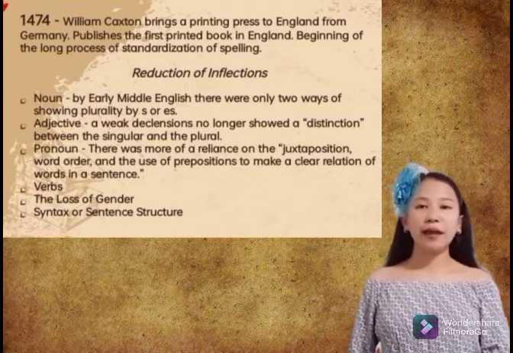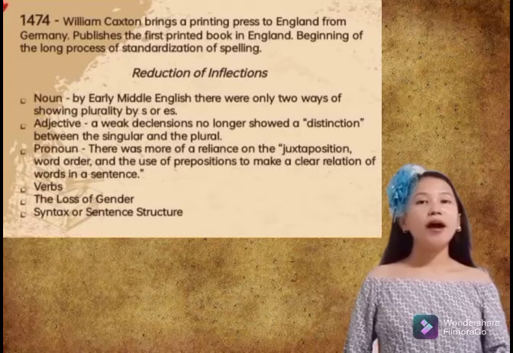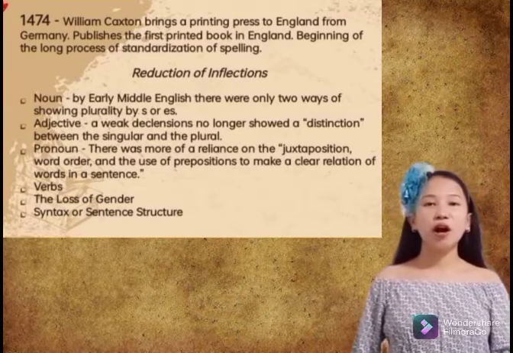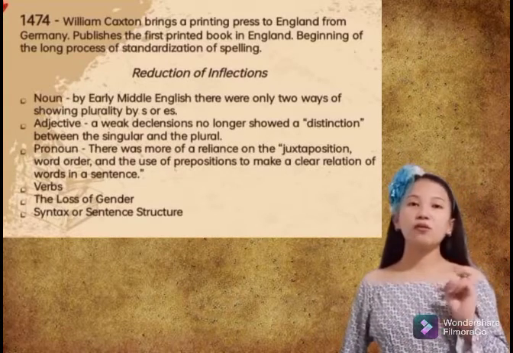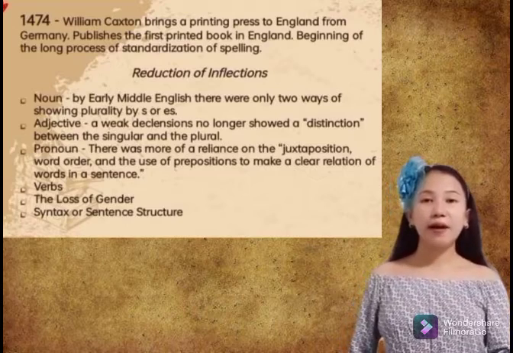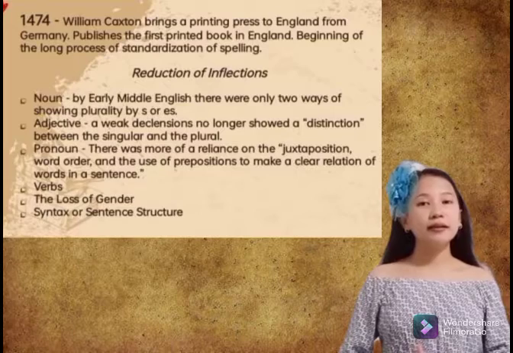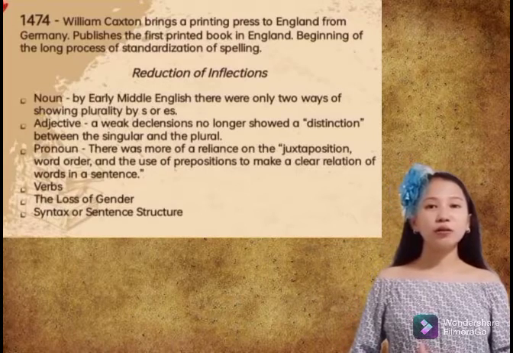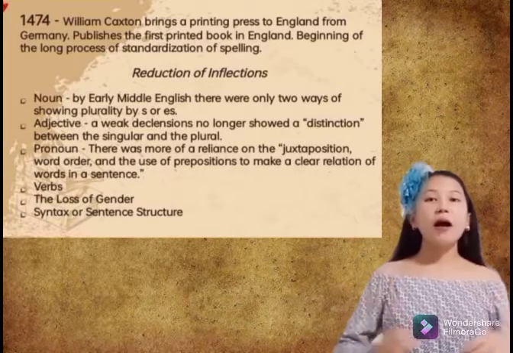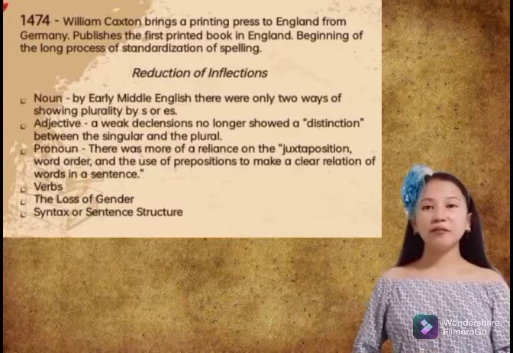Reduction of inflection. Noun: by early Middle English, there are only two ways of showing plurality, by S or ES. Adjective: declensions no longer showed a distinction between the singular and plural.